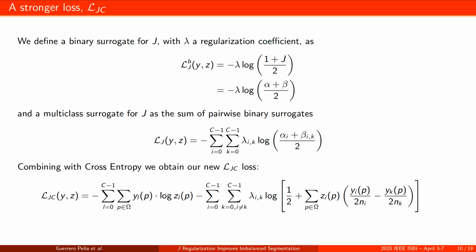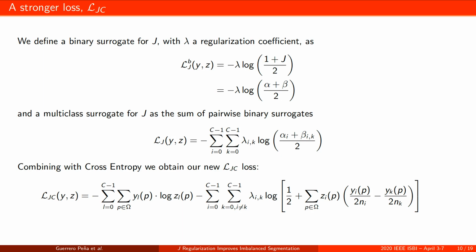Note that the regularization coefficient lambda is now taken pairwise, which is indicated with indices i and k. These can accommodate different balances between classes if there is in fact a need for that. In our practice, we keep the regularization coefficients the same for all pairwise classes. We have used a value of 0.5 for lambda, which has worked pretty well.